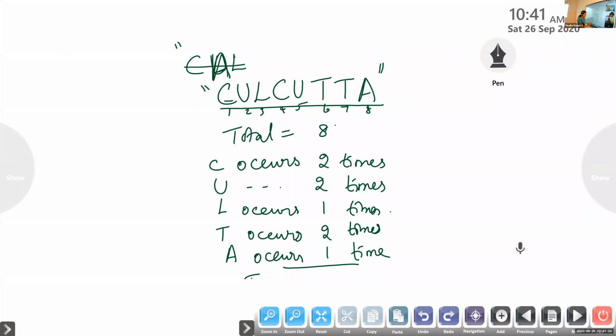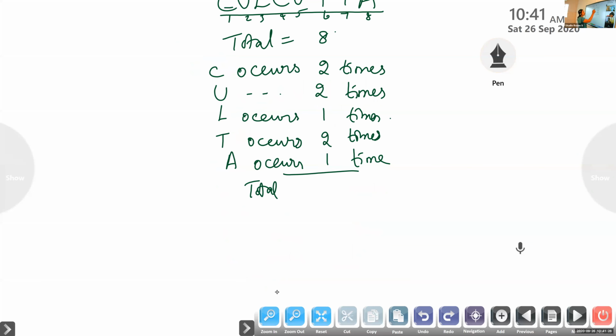Now check this, is it correct? Check this again. When you add this, 2, 2, 1, 2, 1, it is 8, isn't it? So what is the total permutation?